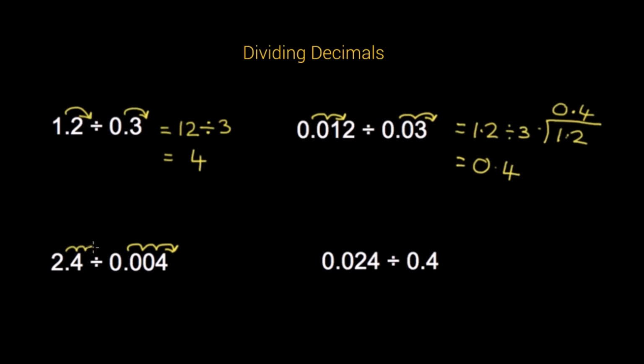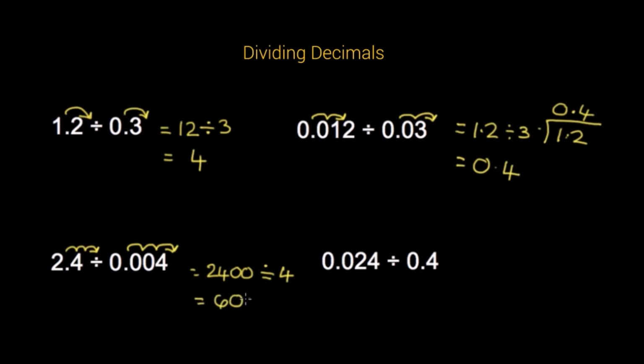So we put down 3 little groups, and you'll notice 2 of them are vacant. So whenever we have a vacant space, we've got our old friend, the placeholder, the 0. So that becomes 2, 4 and 2 zeros for the vacant spaces, divided by 4, and that is equal to 600.